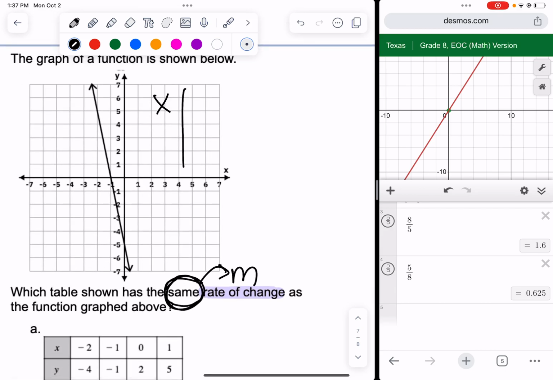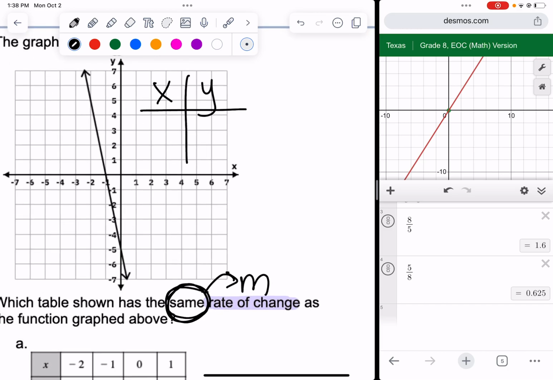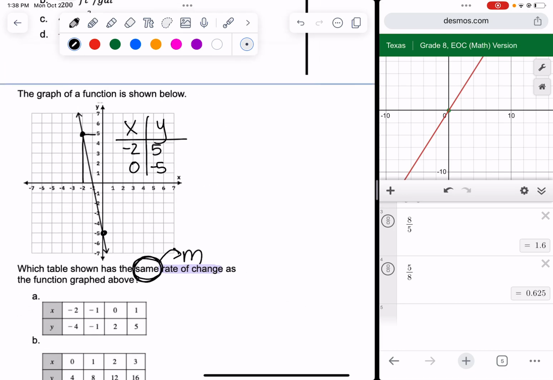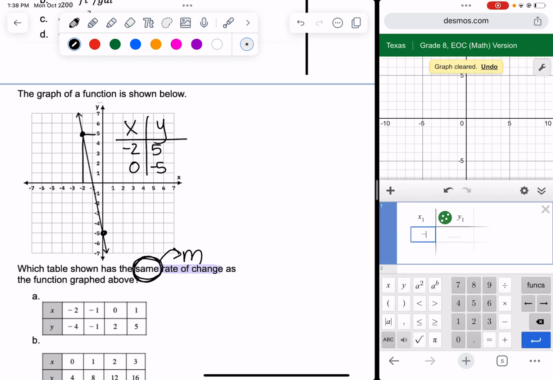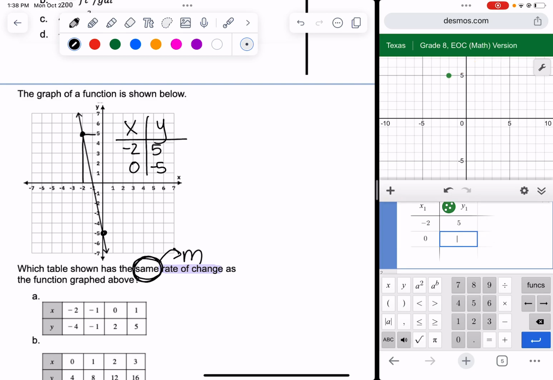So we have to find the rate of change of the table. Let's make a table. We have -2, 5, and then 0, -5. We're going to find the rate of change for that first.